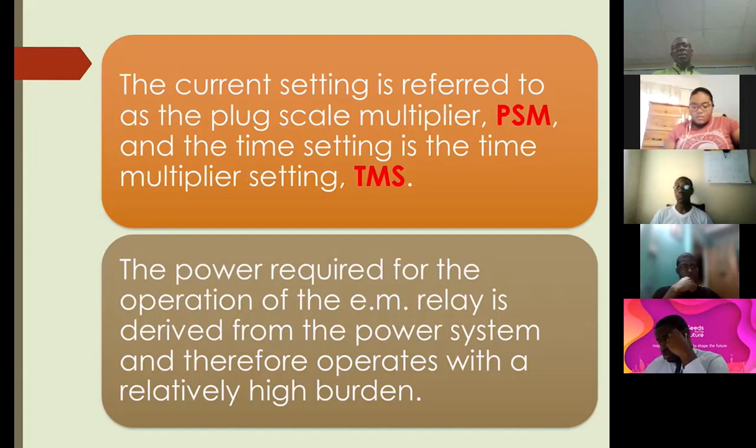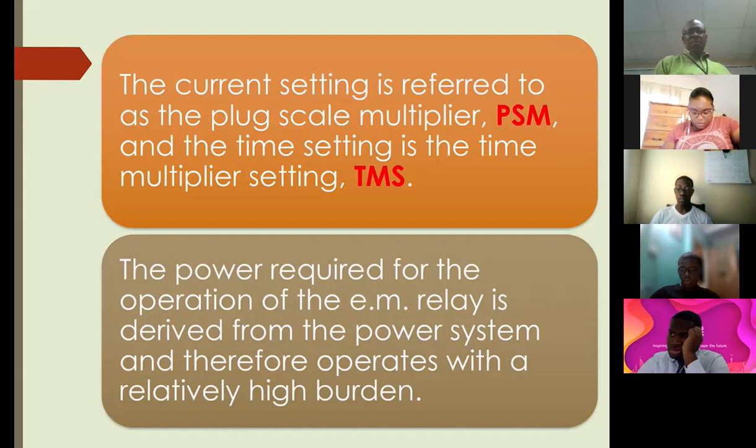And then the time setting is your time multiplier setting, the big T. So these are the two values that we are going to need to determine for our overcurrent relay. Once we know that, then we set them, the system operates, and based on the settings that we have, it will discriminate as we wish, and that comes through coordination.